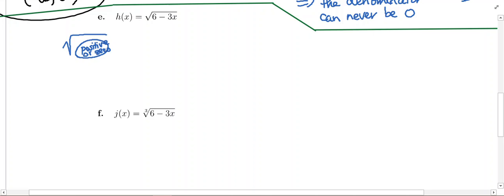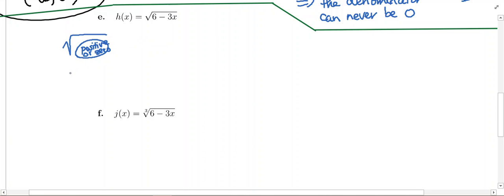The square root of 0 is 0. What you don't want is, once you simplify under the radical, a negative number. So this is what we do to ensure that you don't end up with a negative number under the square root.